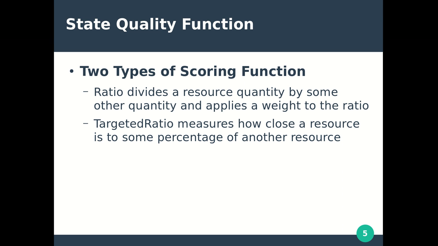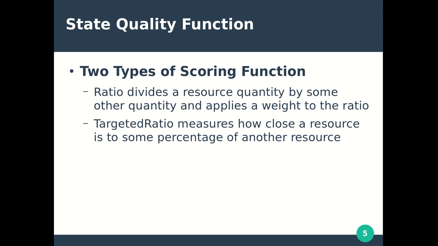So the two kinds I have: one is a ratio that just looks at a resource relative to another resource, and right now I have everything relative to population, and there's a weight that is applied to that. So for instance, if I said the water in relation to population, I would take the amount of water, take the population, divide the water by the population, and multiply that by a weight.